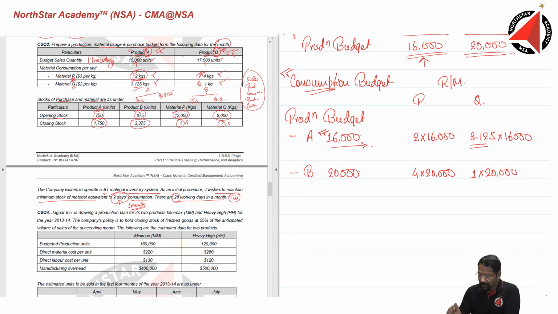So 2 into 16,000 is 32,000 and 4 into 20,000 is 80,000. Similarly, 16,000 into 3.125. Where is my calculator? My calculator ran away from my table. Please do the calculation and tell me.